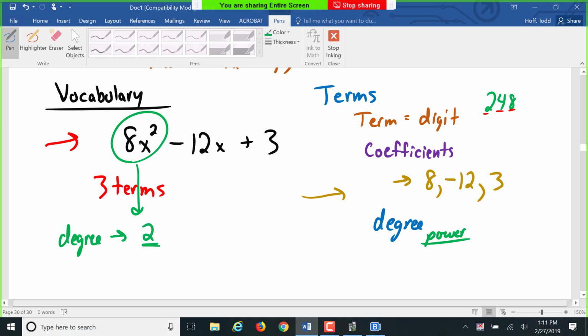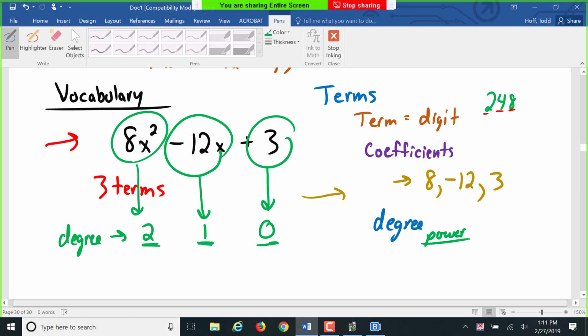It's x squared. This term has a degree of 1. That's technically x to the 1. This term has a degree of 0, because that's technically x to the 0. The whole polynomial has a degree equal to the degree of the largest term. So this is said to have a degree as the whole polynomial of 2, because that is the degree of the largest term, largest degree.